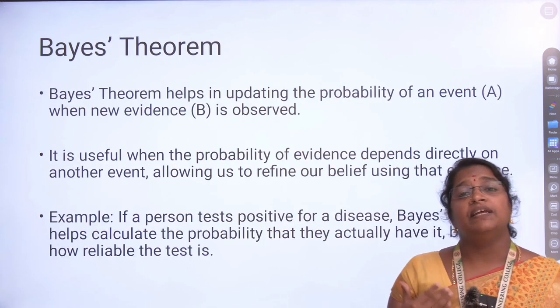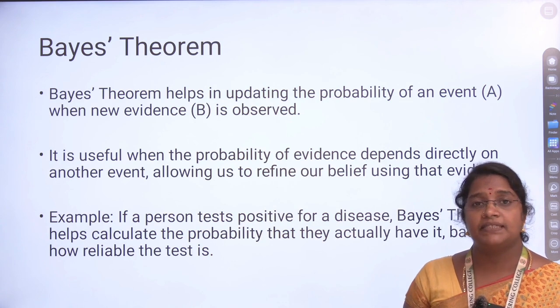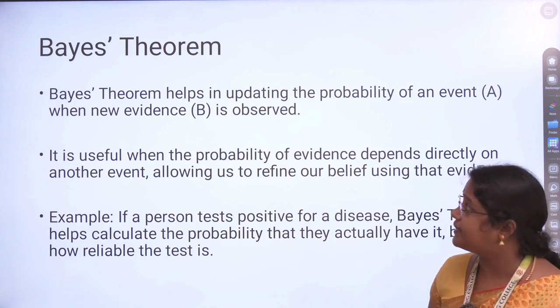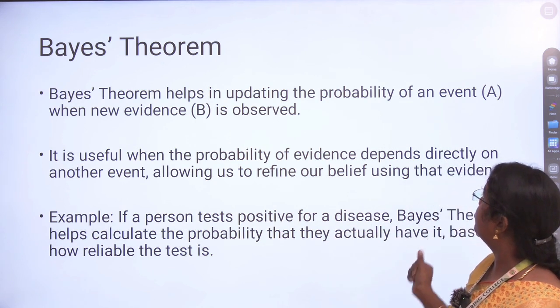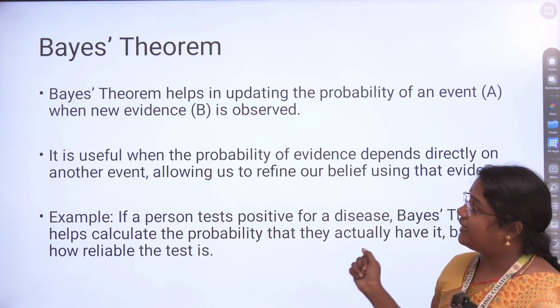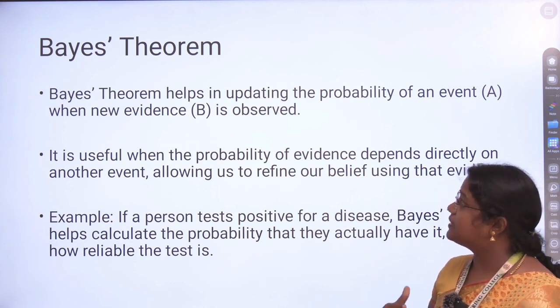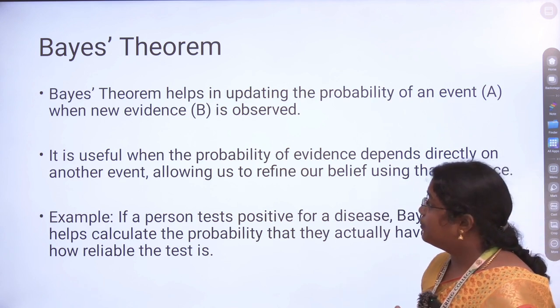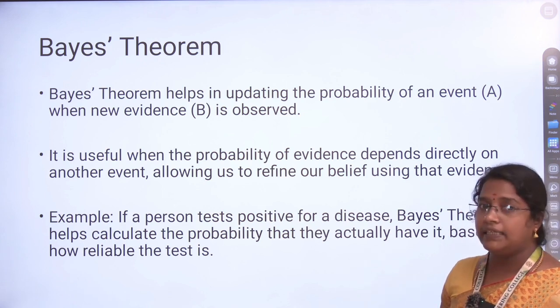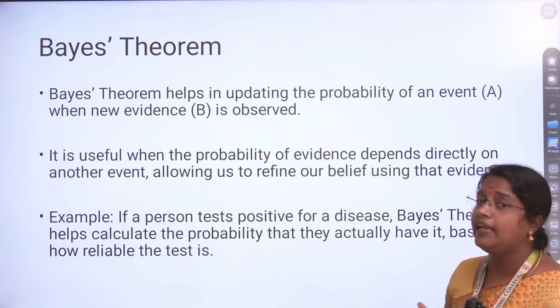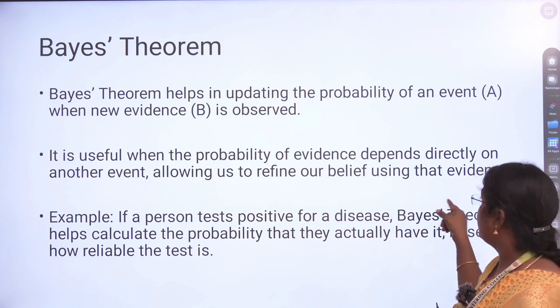The Naive Bayes algorithm follows the Bayes theorem, so first we have to understand what the Bayes theorem is. The Bayes theorem helps in updating the probability of an event A when new evidence B is observed. It is useful when the probability of the evidence depends directly on the other event. It allows us to refine our beliefs based on the evidence.